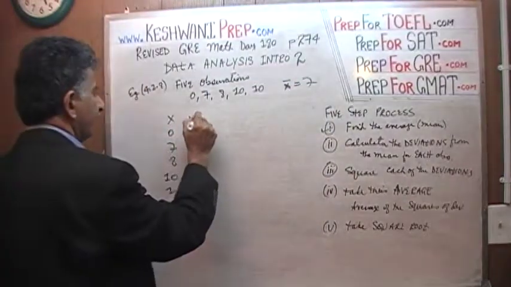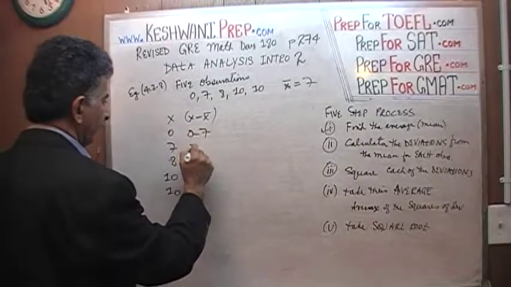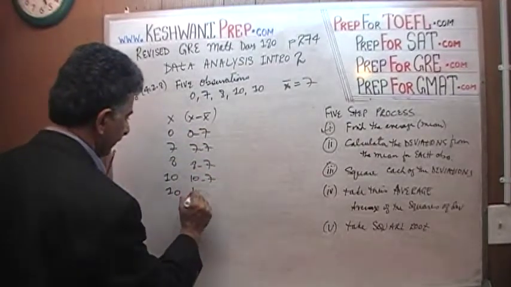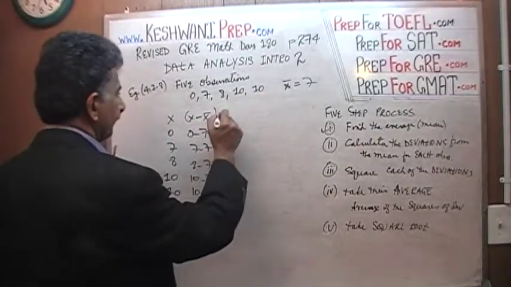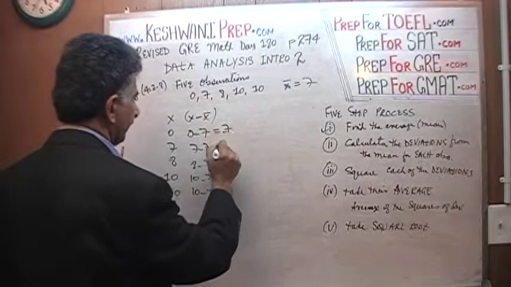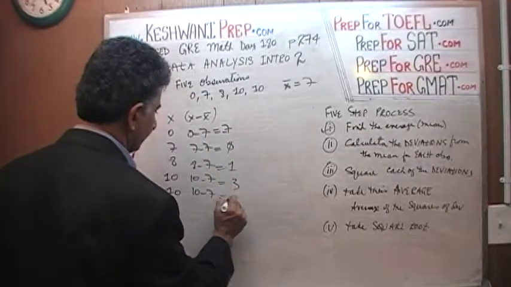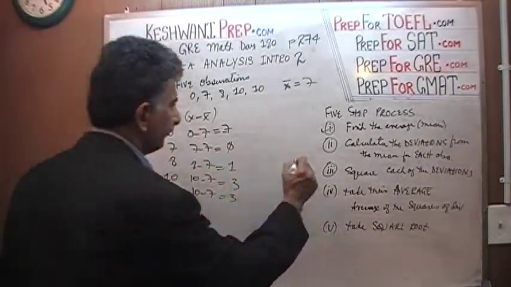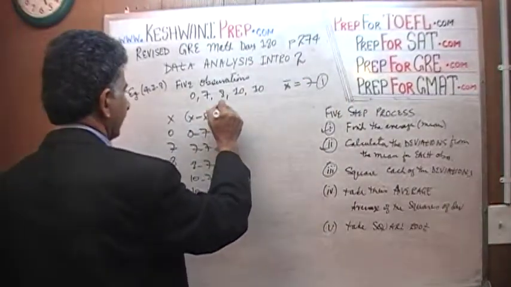So X minus X bar: 0 minus 7, 7 minus 7, 8 minus 7, 10 minus 7, 10 minus 7. That's what it means, the deviation from the mean, which equals -7, 0, +1, 3, and 3. So this second column that we just did is step number 2. The mean was step number 1.